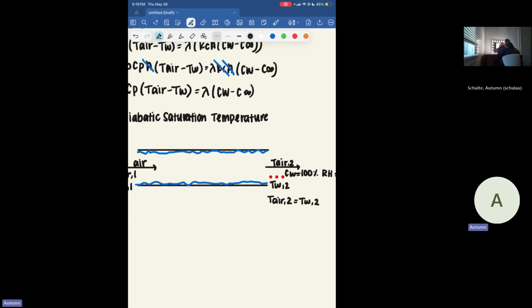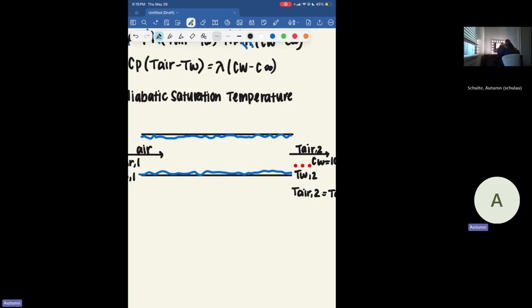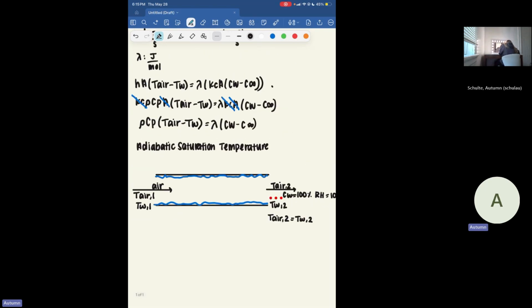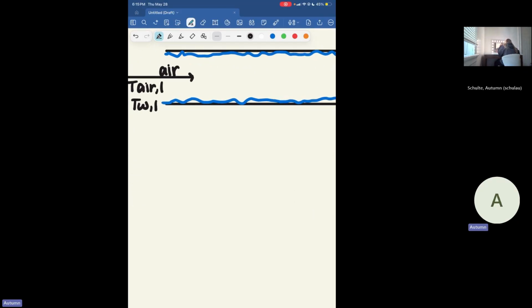Now, of course, we also have heat and mass transfer in this scenario too, so we can write out a similar equation to what we did up here, just subbing in our different values for temperatures that are going in versus temperatures that are leaving. So for our heat transfer side, this is still going to be the heat transfer coefficient multiplied by the area. And this time it's going to be the temperature of the air that is entering the pipe minus the temperature of the water that is leaving the pipe.